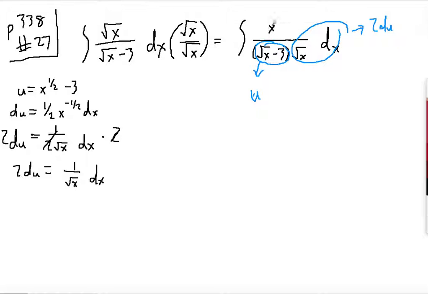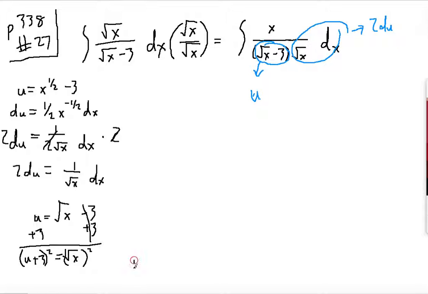It's not something I anticipated, but there is a trick to get rid of this. We take what u is equal to: u equals the square root of x minus 3, and we use it to solve for x. So add 3 to the other side, and we get the square root of x is equal to u plus 3. We're going to square it, and I do mean you are going to square it.